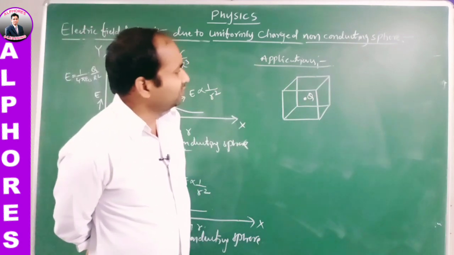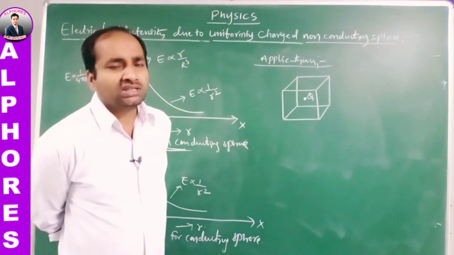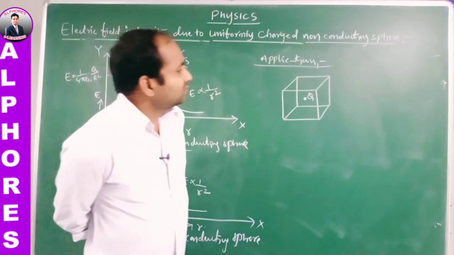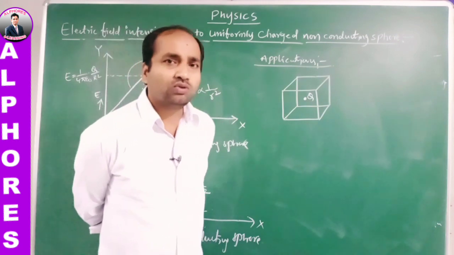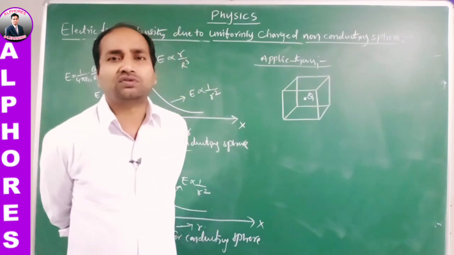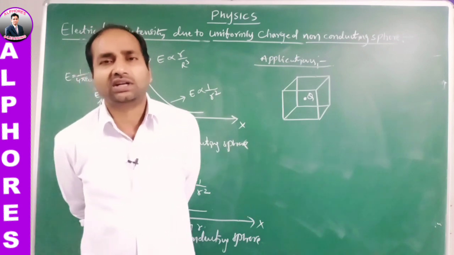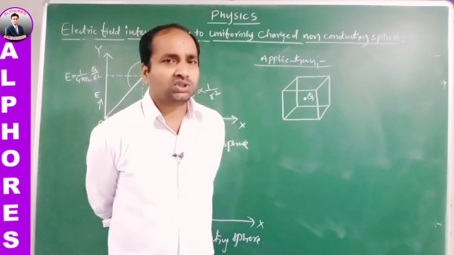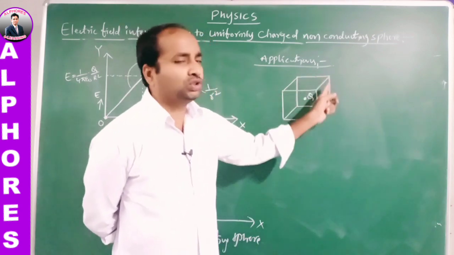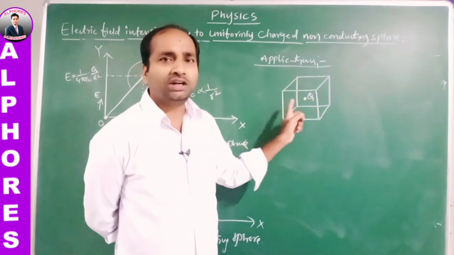By Gauss law, the statement is that the total flux passing through any closed surface is equal to 1 by epsilon naught times the net charge enclosed by the surface. Here the charge q is enclosed by the cube, irrespective of shape and size.